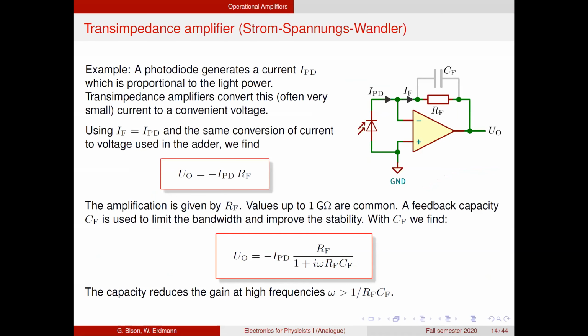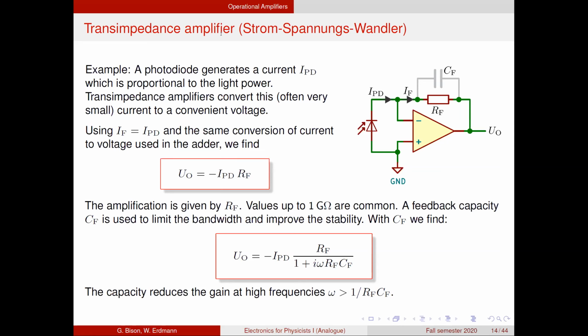One example would be a photodiode that generates a current that is proportional to the light power that liberates charge carriers inside the diode. Now, these currents are typically very small, and so we need an amplifier to convert it into some convenient voltage that we can then use to do something else with, for example, to digitize this with an analog to digital converter.